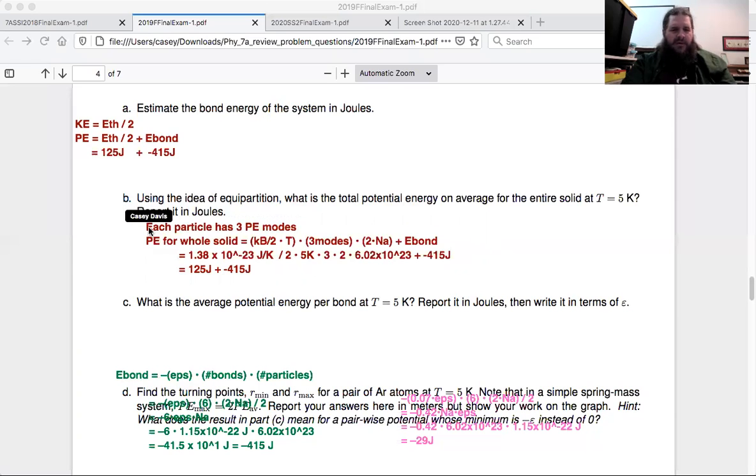Add those up, and that should give us the potential energy, negative 290. So we would say that the whole solid has a total potential energy of negative 290 joules. Any questions on that so far?